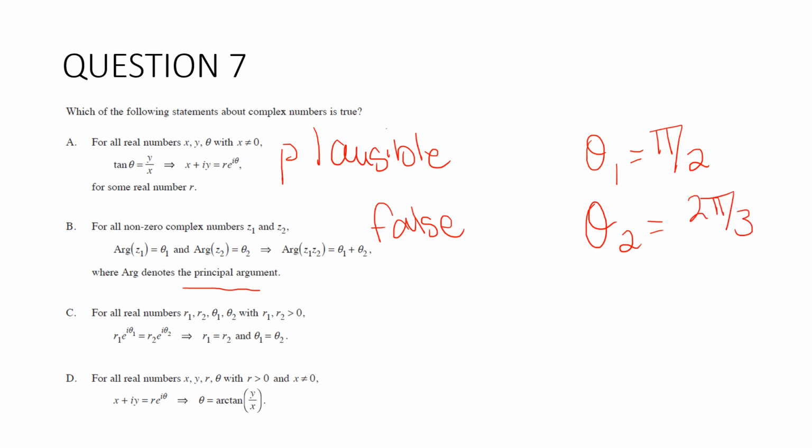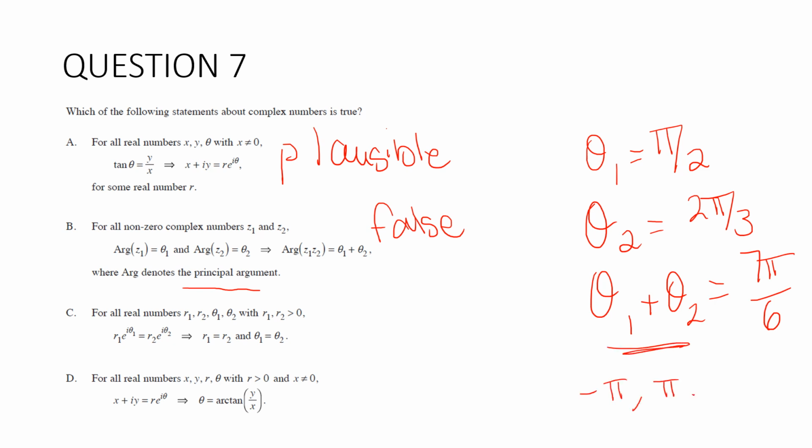And then theta 1 plus theta 2 is going to be equal to 3 pi plus 4 pi over 6, 7 pi on 6, which of course is not a principal argument because theta has to lie between negative pi and pi, and so B is out.